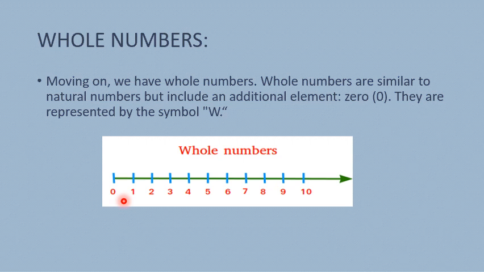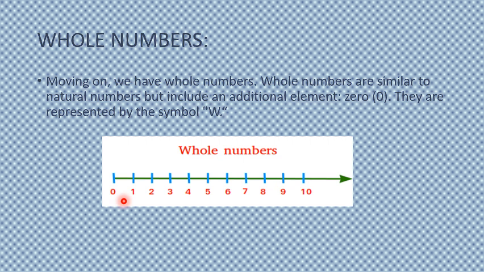For example, to represent scores. Let's say in a match, a player got out on 0. So we can say he made zero runs in that particular match.